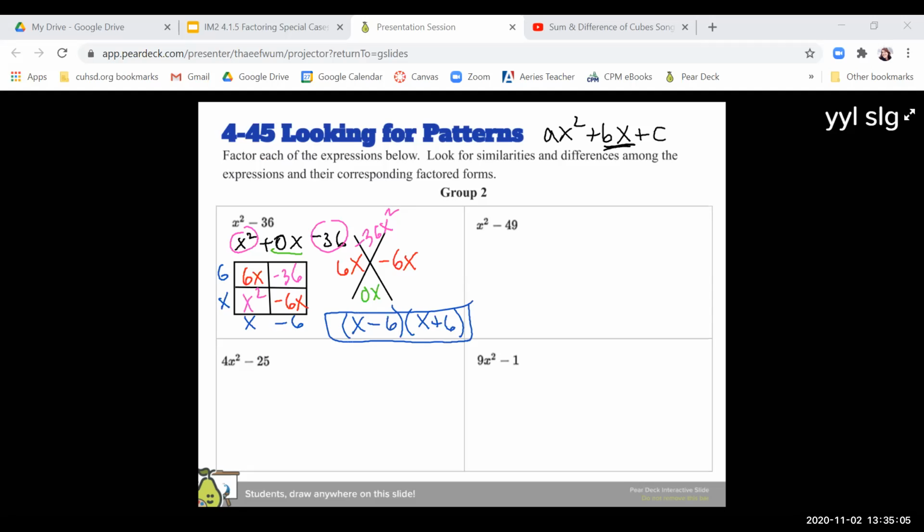So let's get started. Remember, in each one of these, the middle term is missing, so the bottom of your x will be a 0, whether you rewrite the expression out or not.